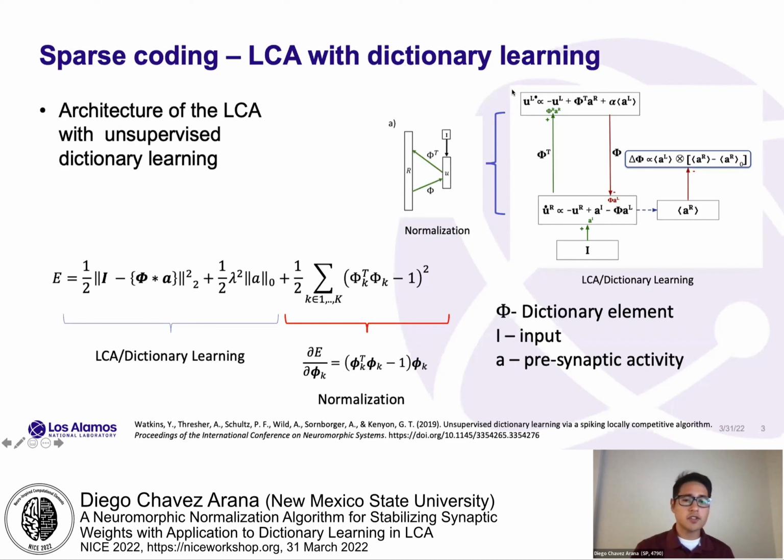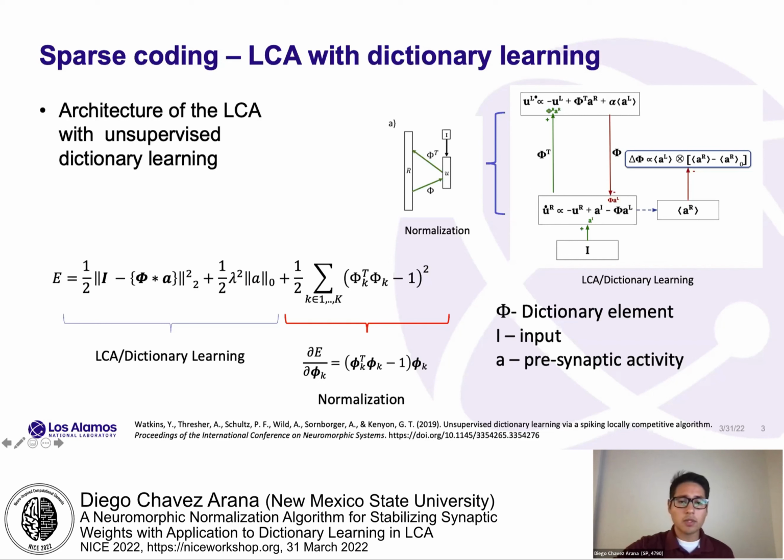We implemented this normalization circuit network with LCA. LCA stands for Locally Competitive Algorithm, which is a dynamic sparse code solver that uses only local computations to learn dictionaries of convolutional kernels in an unsupervised manner. As we see on the right, we have the LCA architecture, where each of the dictionary elements is denoted by phi.